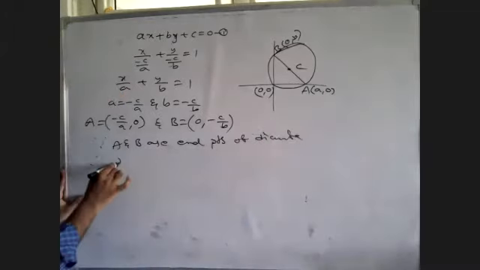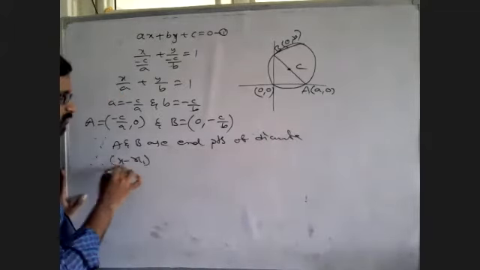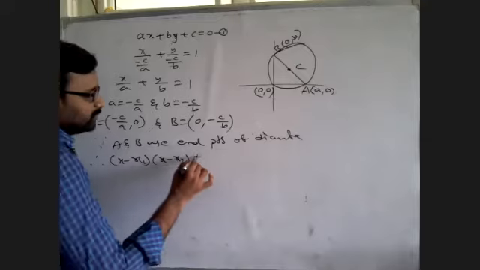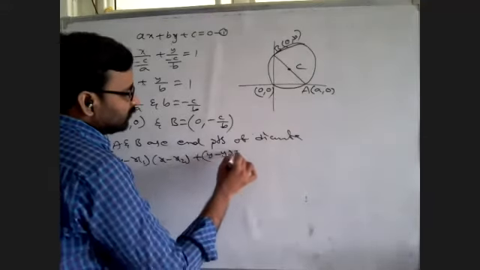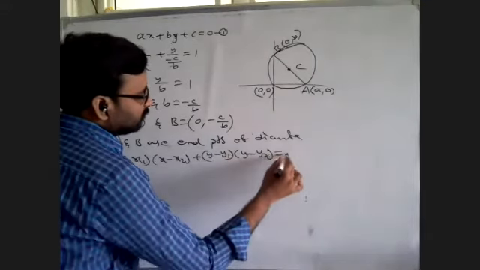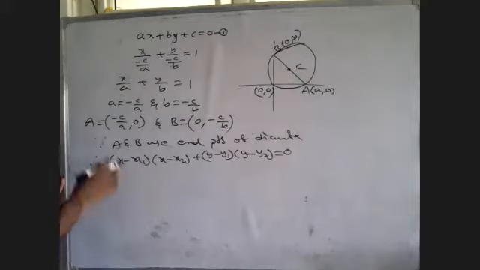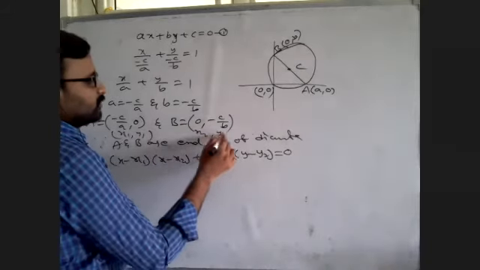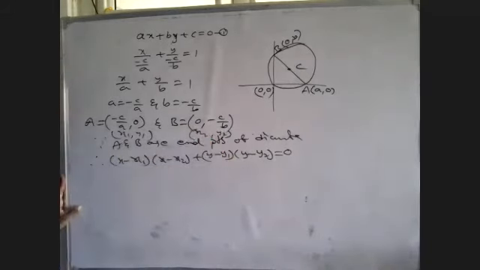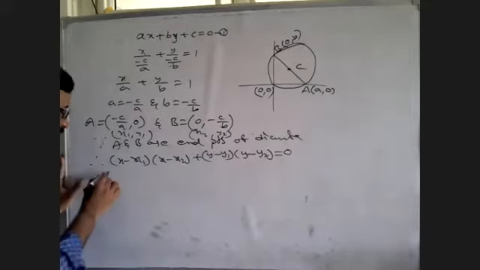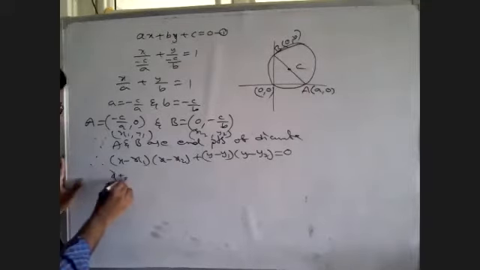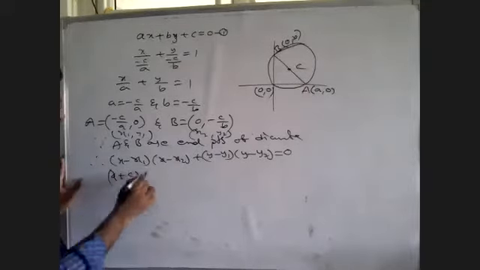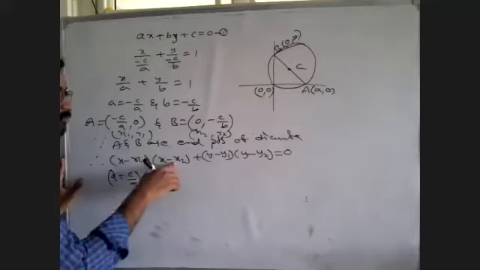the circle equation is (x − x1)(x − x2) + (y − y1)(y − y2) = 0. Just substitute all the values x1, y1, x2, y2 in this formula and expand. You will get (x + c/a)(x) + y(y + c/b) = 0, since y − y1 is 0.